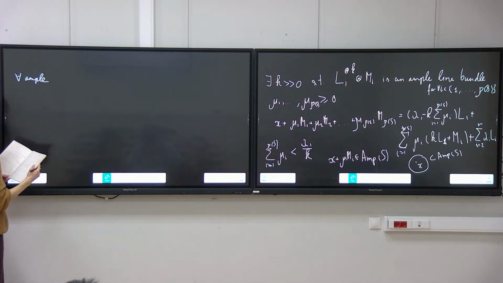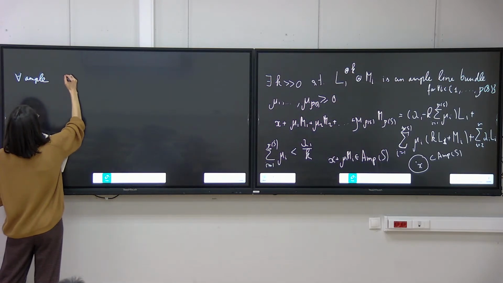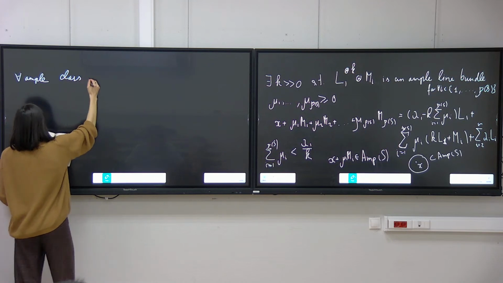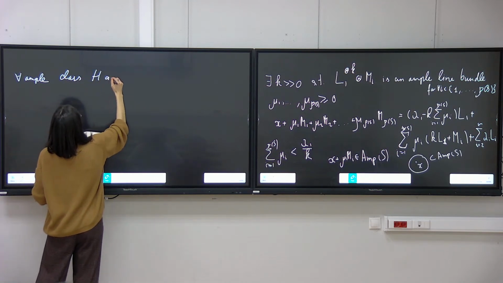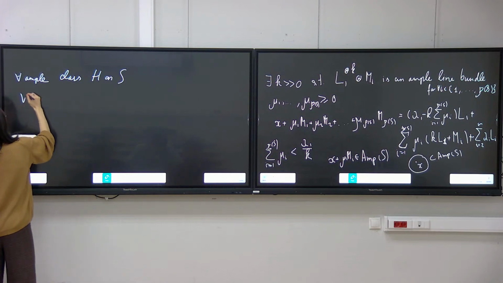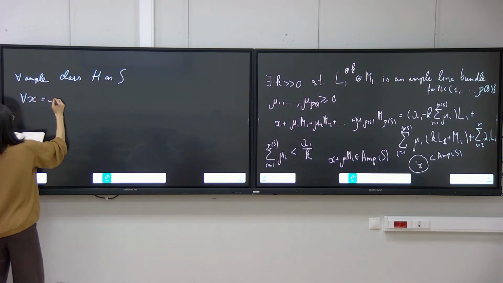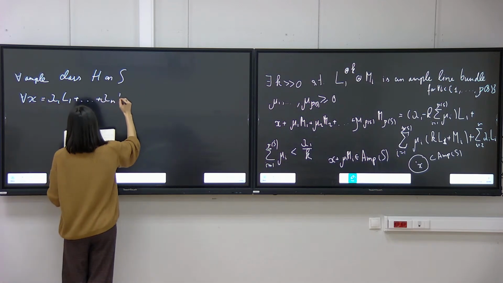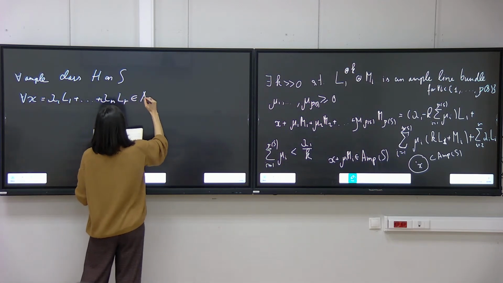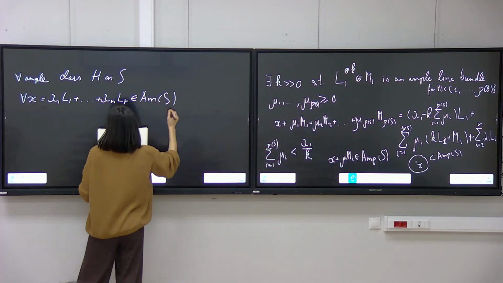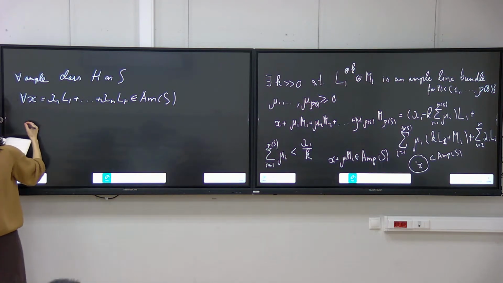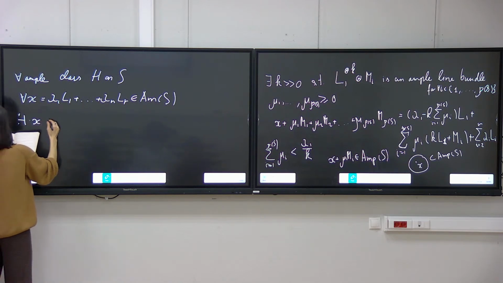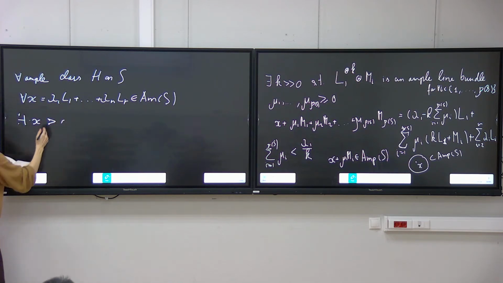Okay. So now for an ample class H on S, and for all elements in an ample cone, of course we have Hx is positive.